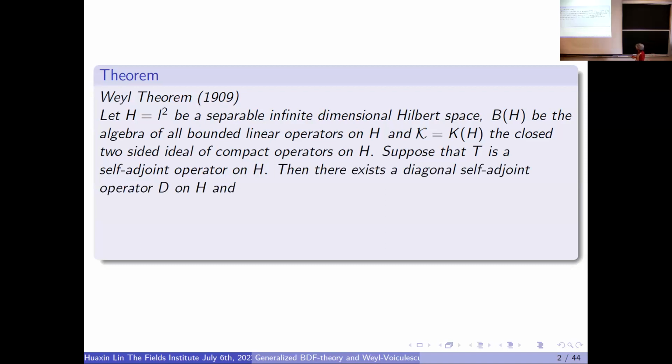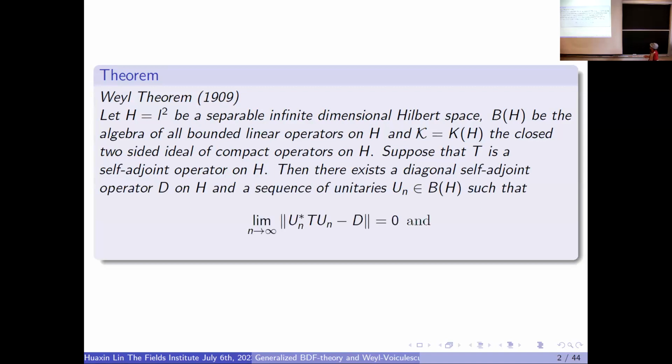Then there exists a diagonal self-adjoint operator D on H, and a sequence of unitary operators, such that T is approximately unitarily equivalent to this diagonal operator, and the difference is compact. So it's a compact perturbation. That's one version of Weyl's theorem.